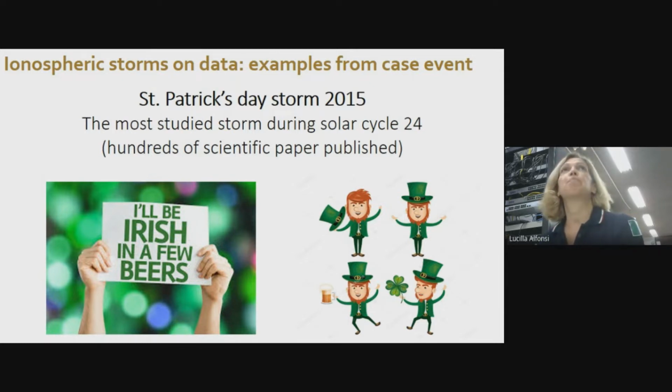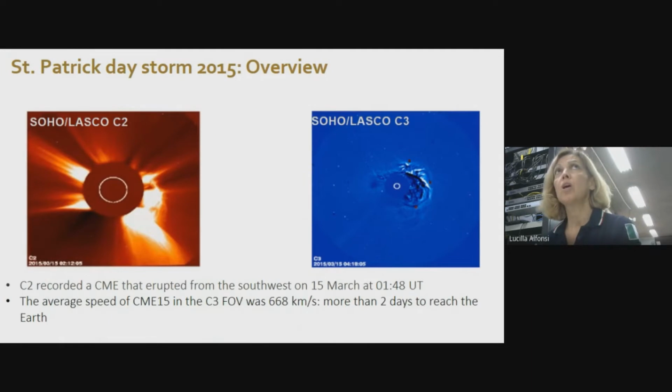So from these papers, we are picking some of the results to discuss with you how to face the study of a storm. So first of all, the approach is to look at the source of the perturbation.